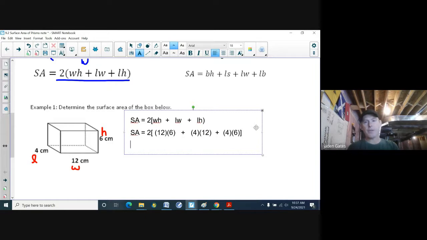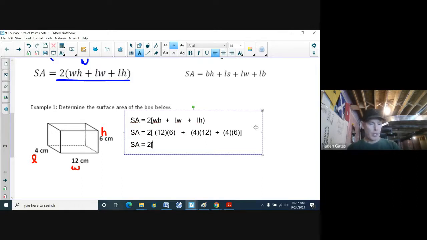So again, same steps: got my formula, labeled my diagram, substituted in, and now it's the calculating part. I have to follow BEDMAS. I have these square brackets, so I have to do everything inside the brackets, but within brackets, again, you follow BEDMAS. There are no exponents, which is great, but we do have some multiplying.